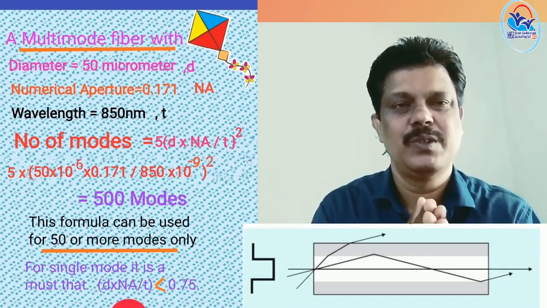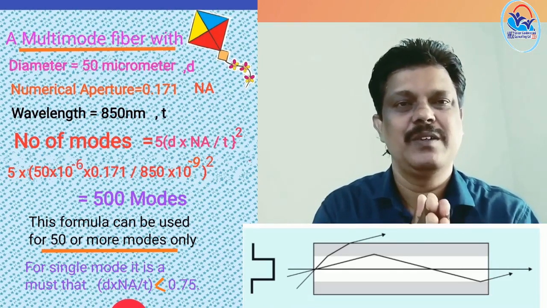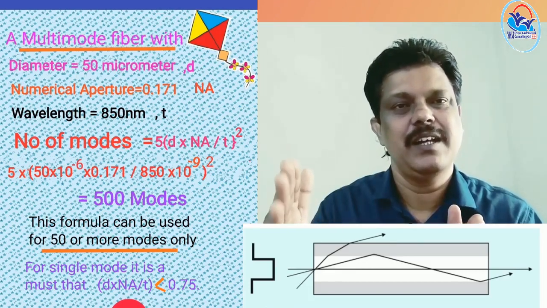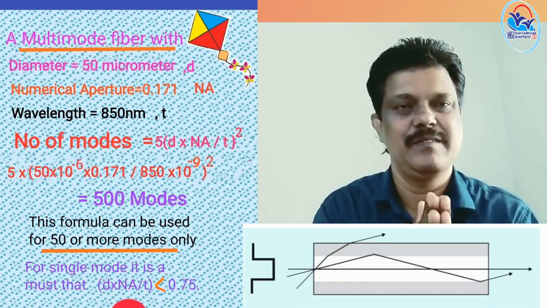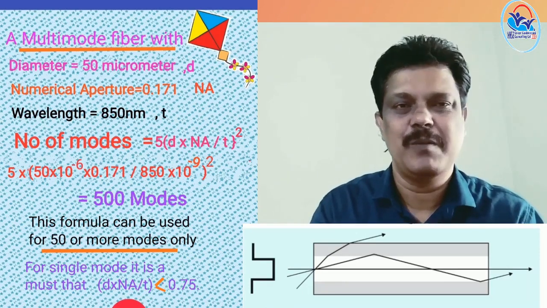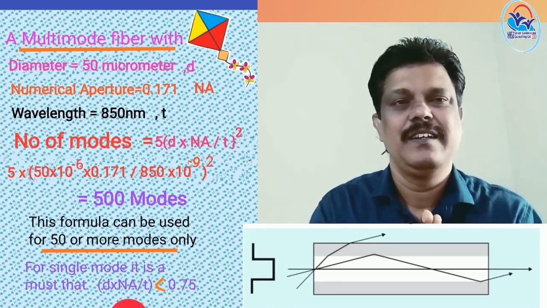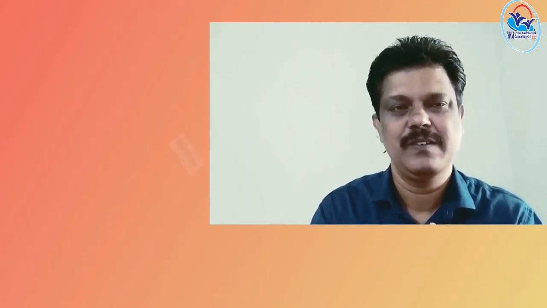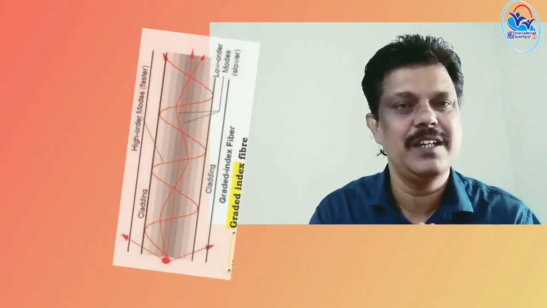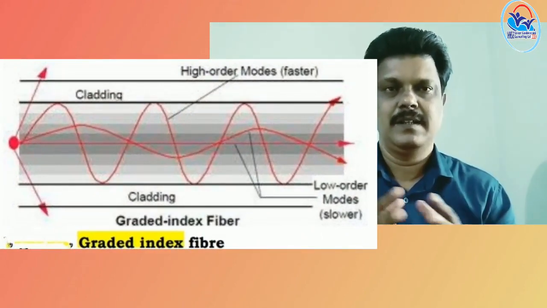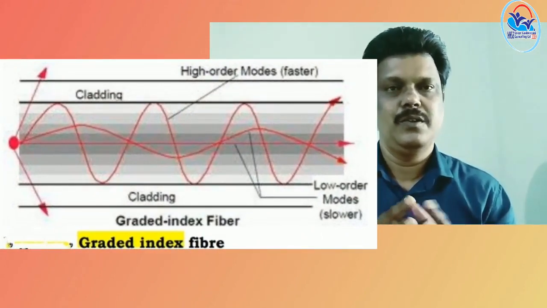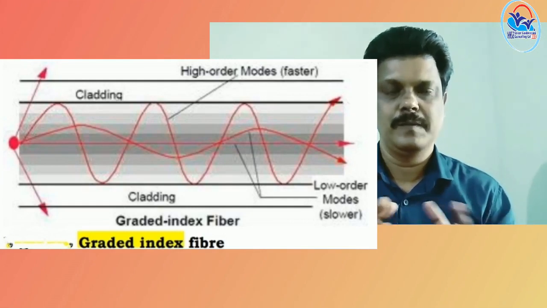So what do we do to make all the modes reach the receiver end at the same moment? That is the question. In order to solve this problem, we developed graded index fiber. What is the speciality of the graded index fiber? In the case of graded index fiber, the refractive index is not uniform all along the core.